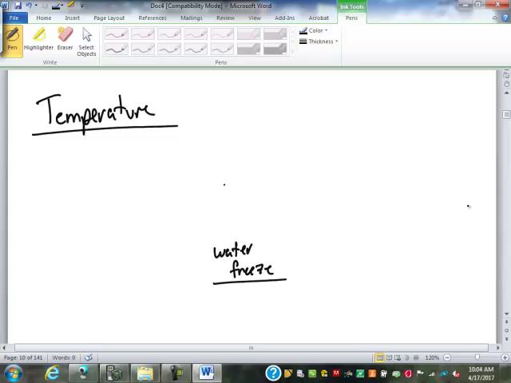We start with the temperature at which water freezes, the temperature at which water boils. We have our Fahrenheit scale, which I'm just going to do degrees F. It's our standard scale, and then we have the Celsius scale, degrees C. This is the metric version.